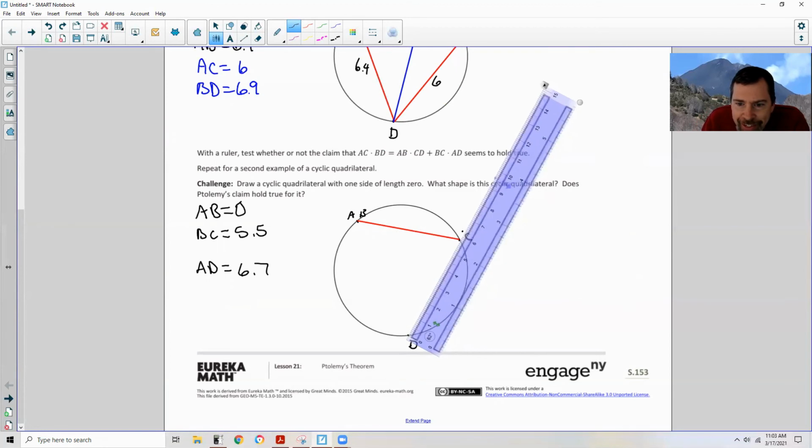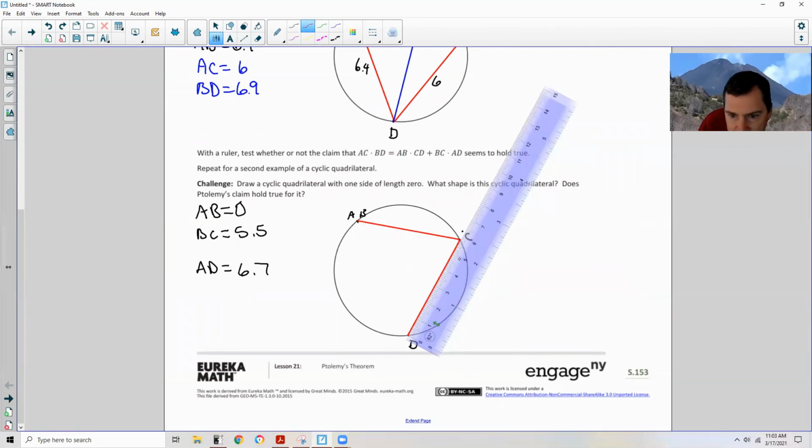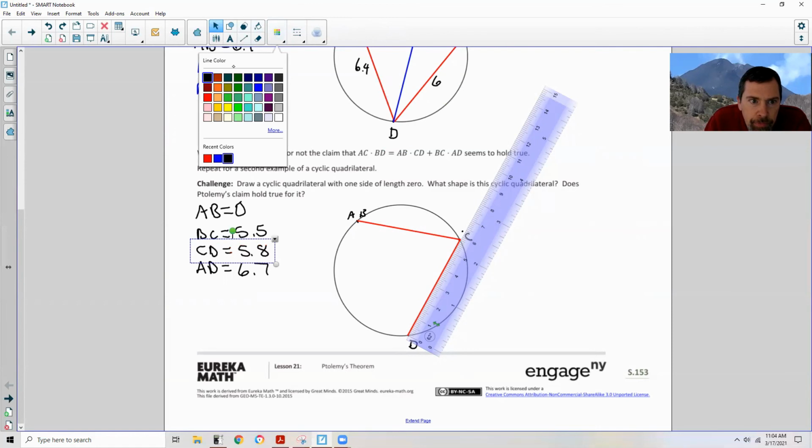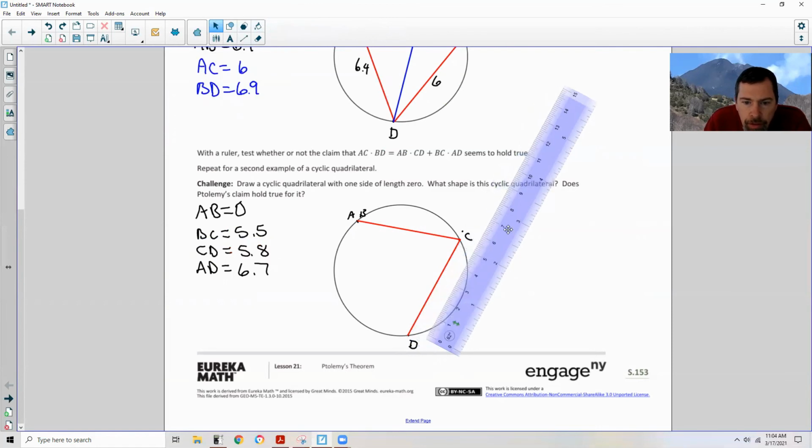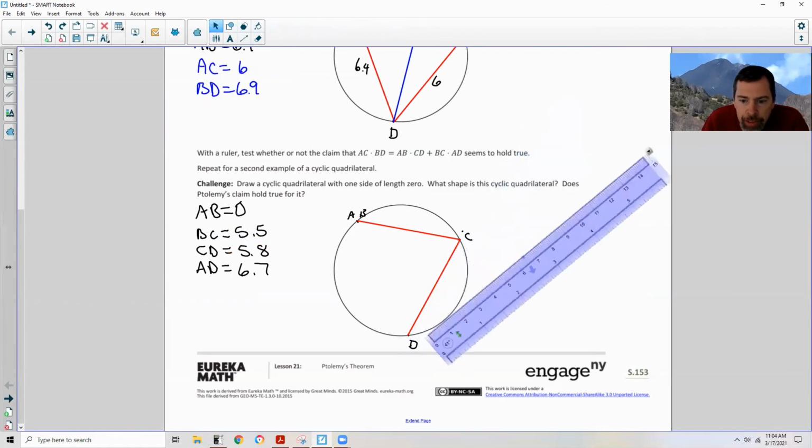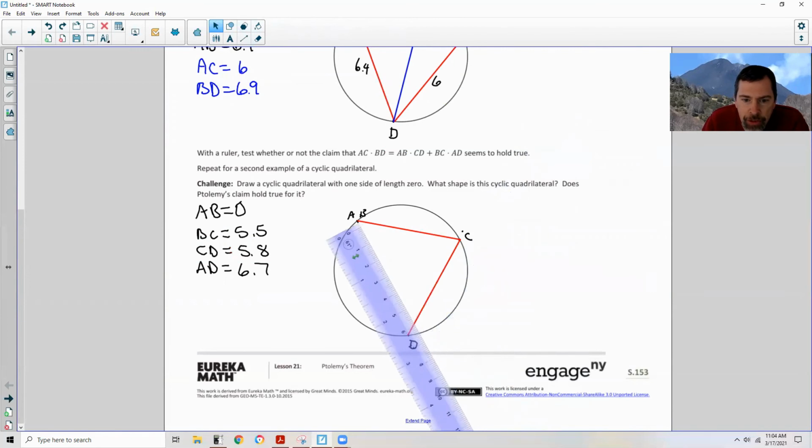Measuring DC now. The line segment D to C is right here, and that looks like it's 5.5, 5.6, 5.7, 5.8. So CD equals 5.8. All right, and I did measure AD, I didn't draw AD.